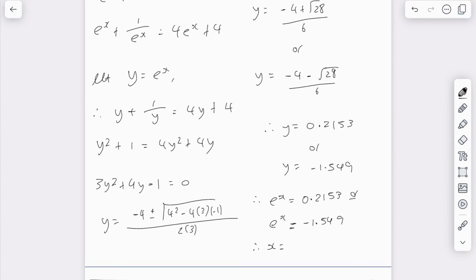Therefore x is going to equal what? Well, we just say x is going to equal ln of this. Put that into my calculator now.